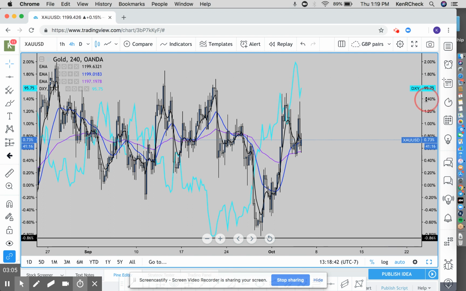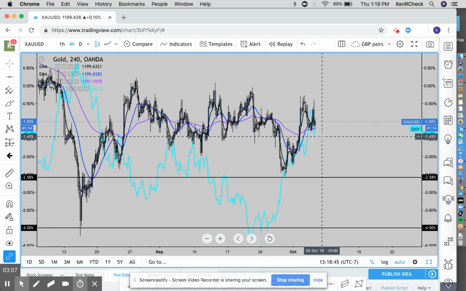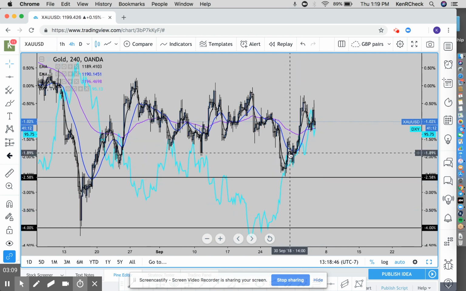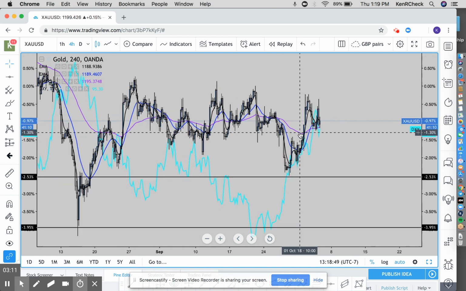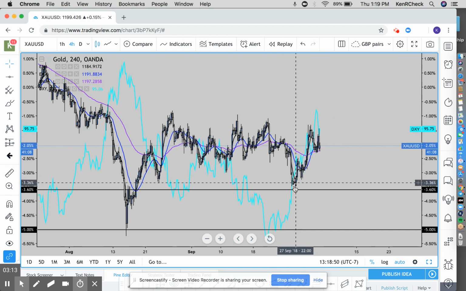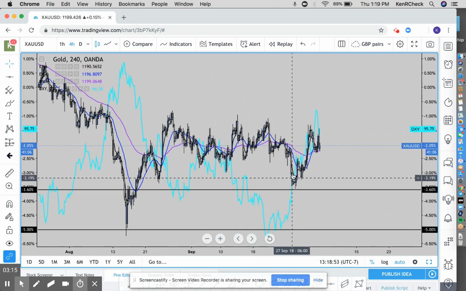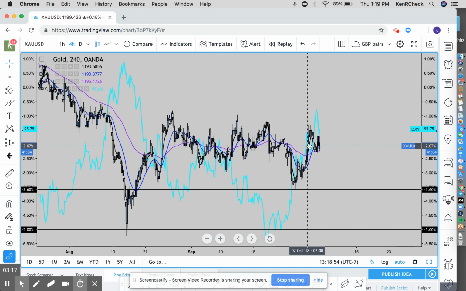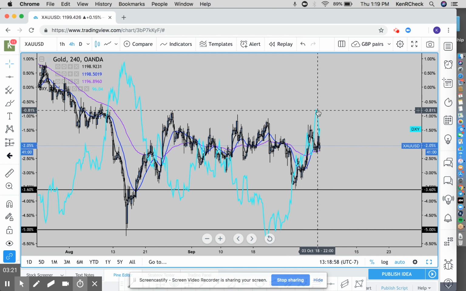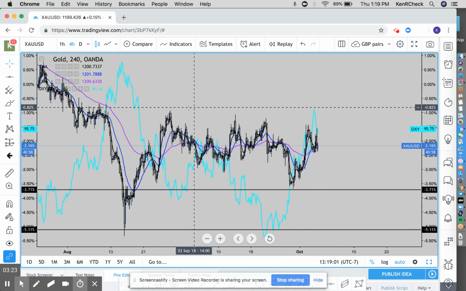Since this is NFP week, it really correlated to what gold is doing. It came into a support here, right identical, and it came up, retest, pullback, went up to create a high. So overall, not support, resistance.